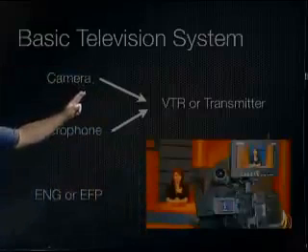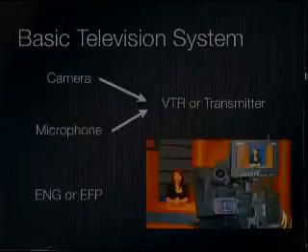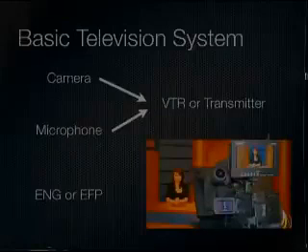You'll have a camera, that's the source of video in a basic television system. And then you'll also have a microphone, which is the source of audio in the television system. Now I want to go ahead and discuss some aspects of this vocabulary that we've already talked about. We've talked about video and we've talked about audio.